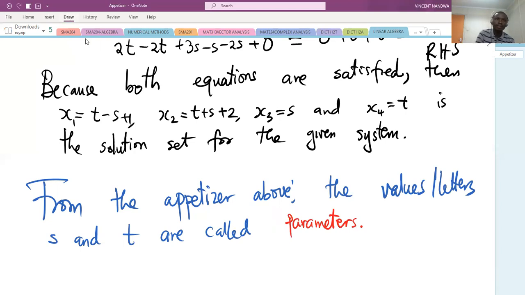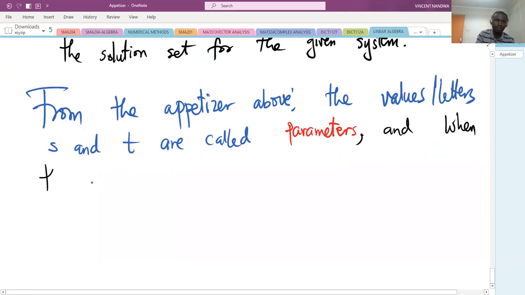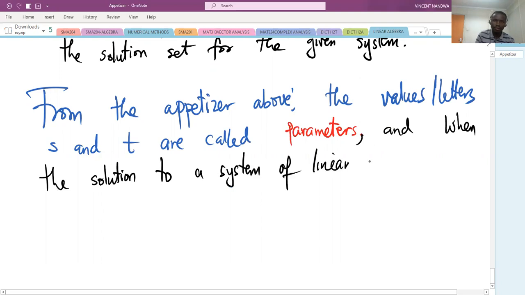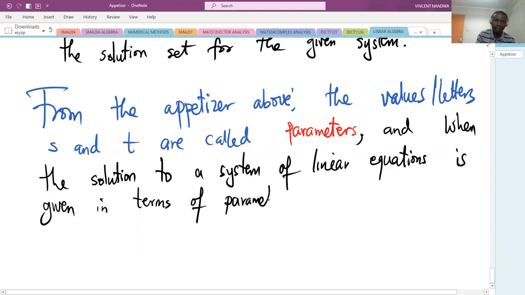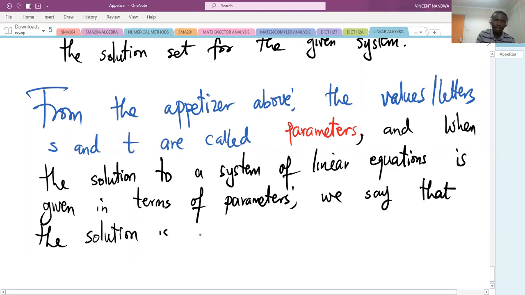And when the solution to a system of linear equations is given in terms of parameters, we say that the solution is in parametric form.